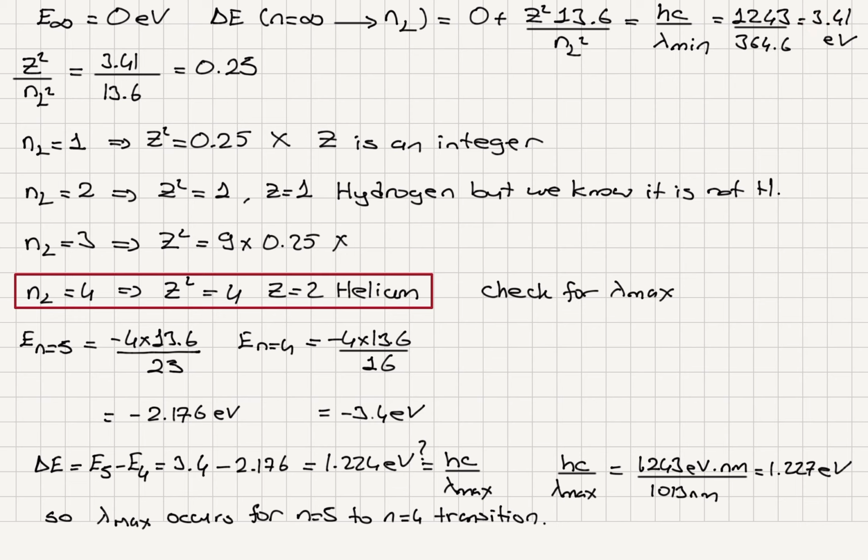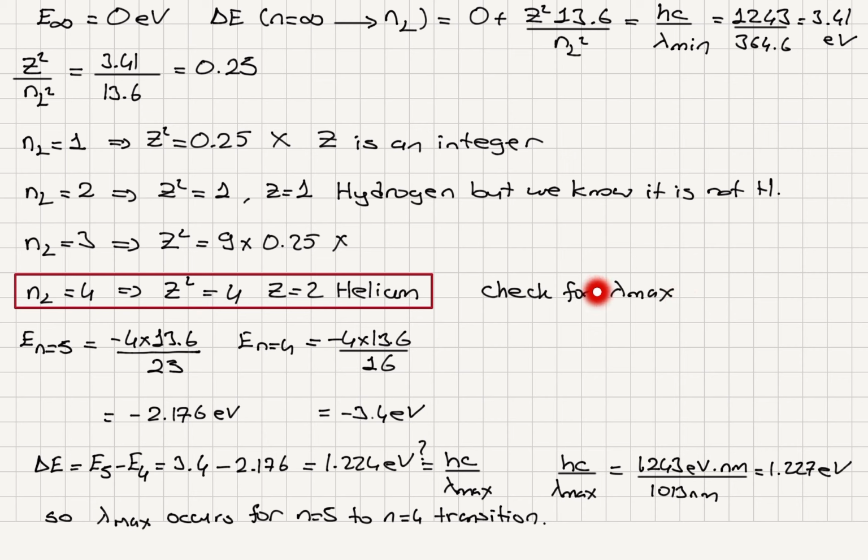So we can isolate z squared over nL squared, and let's check. nL equals 1 gives not an integer z value, so not possible. 2 gives hydrogen, but we know it's not hydrogen. 3 not integer. And 4 gives z equal to 2, which corresponds to helium.